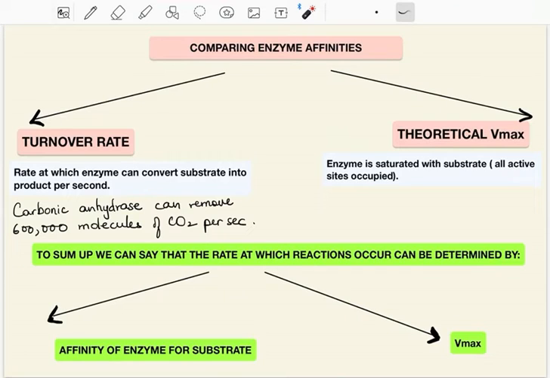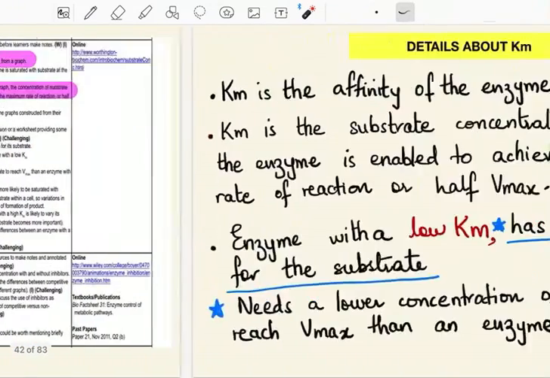It could actually break down 600,000 molecules of carbon dioxide in a second. And theoretical possible Vmax means that the enzyme is completely saturated with substrates, which means all active sites are occupied. So to sum up, we can say that the rate at which the reactions occur can be determined by two factors. It can be determined by the affinity of the enzyme for the substrate, and it can also be determined by the Vmax.